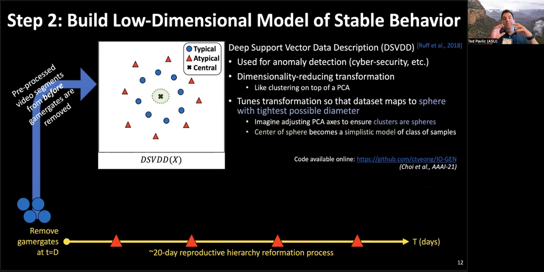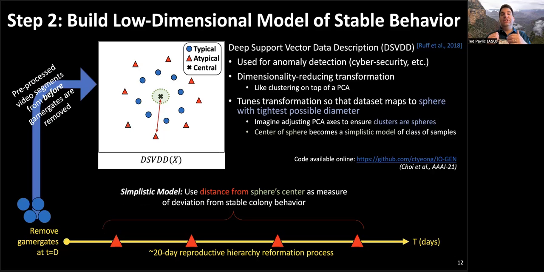By putting it into this spherical space, we can use the center of the sphere as a simplistic model of this class of samples. And so if we compare samples during the transient period, after they go through this transformation, to where they are relative to the center in this reduced dimensional space, the distance from there becomes an indicator of stability.